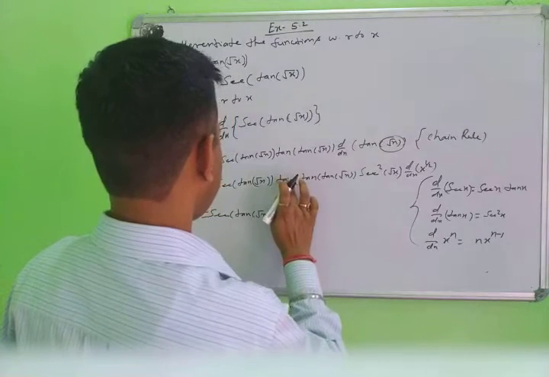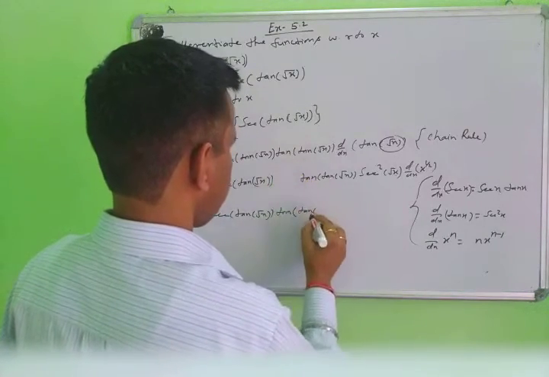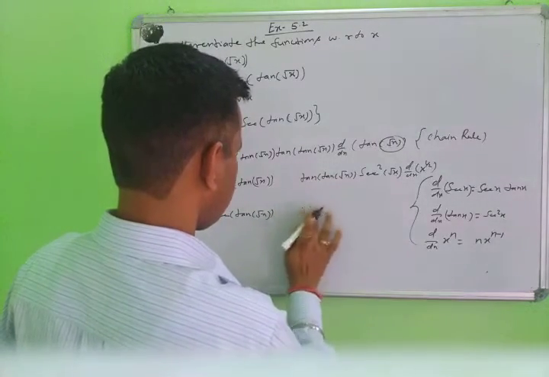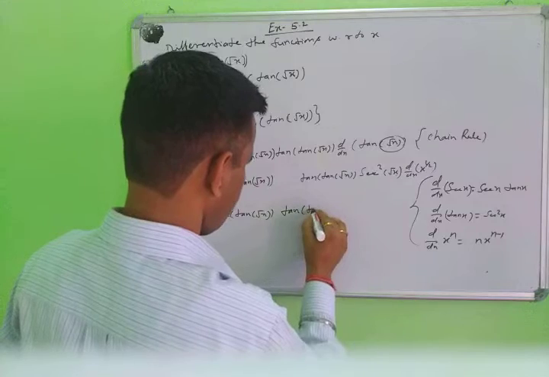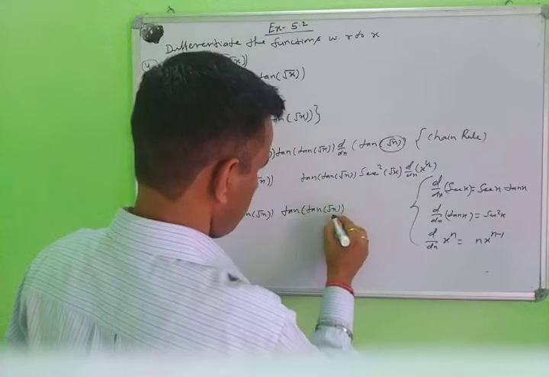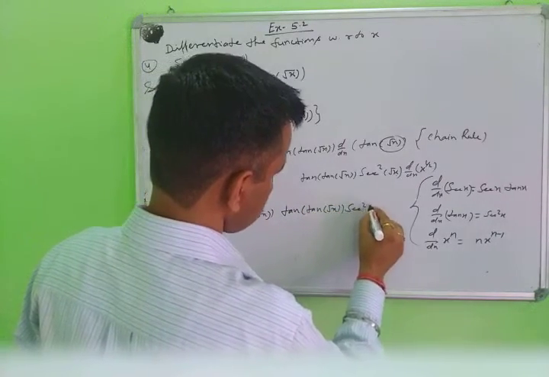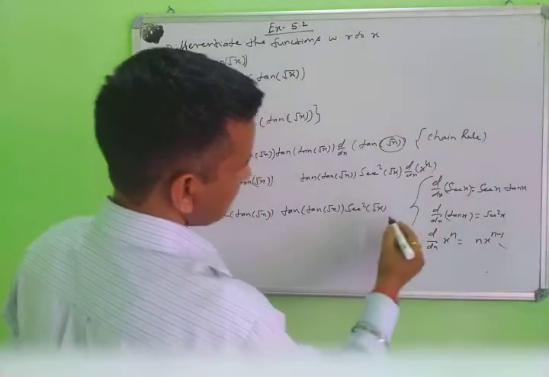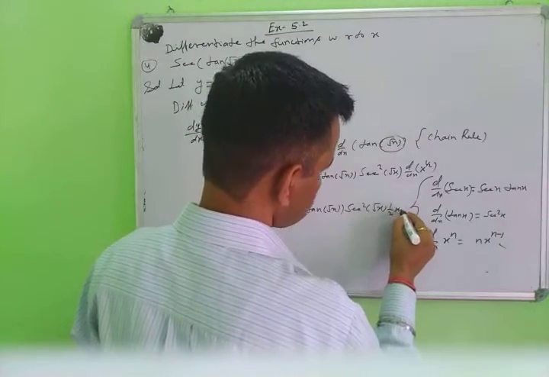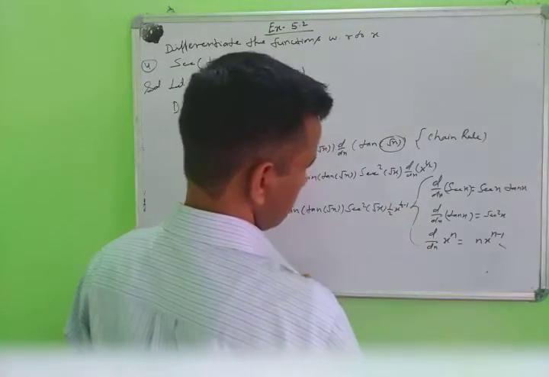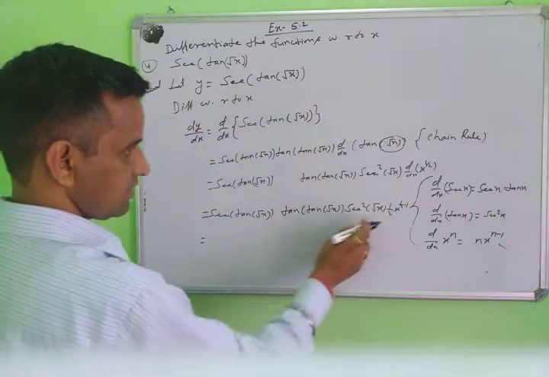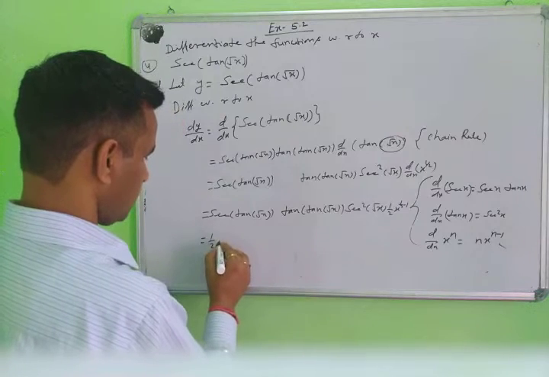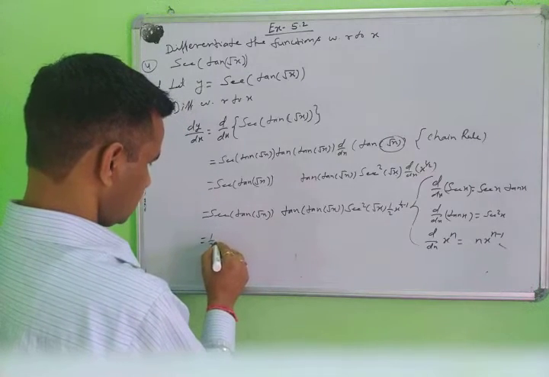Sec square root x. What will be x to the power n? Using this identity, 1 by 2 x to the power 1 by 2 minus 1. What will become here? This 1 by 2 comes here, and solving this, x to the power minus 1 by 2.